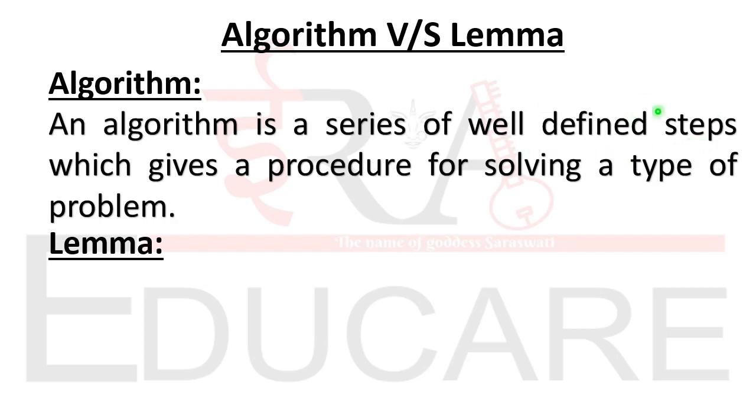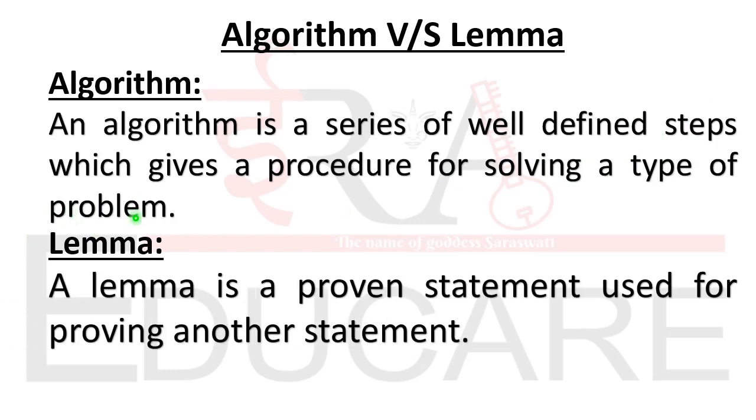By following those steps, you can solve your problems, right? And a lemma is a proven statement used for proving another statement. So a lemma is already proved, and by that proven statement you can prove another statement.